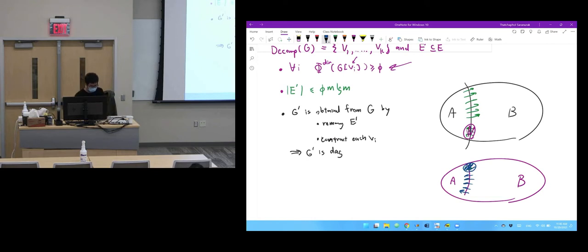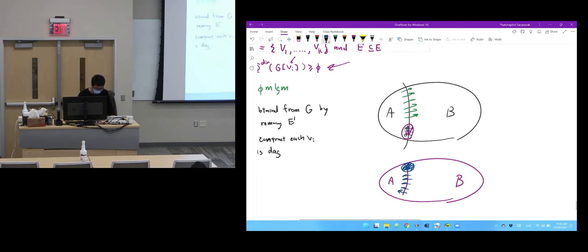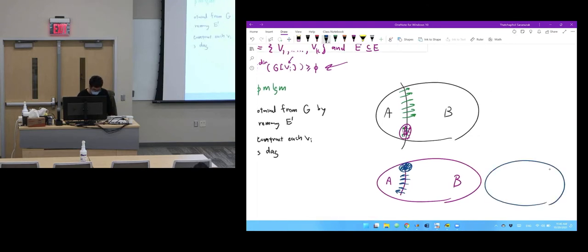But after I remove, I can just redraw it in this way, right? Now this is A, this is B. So now, if you look between A and B, there is just one direction from left to right. Okay.